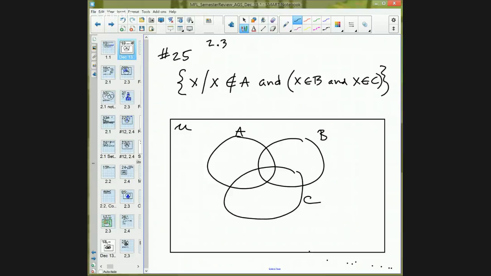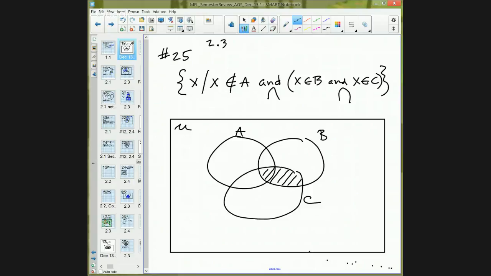So step one: what's the first, the innermost parentheses? That's an and. So what does that mean? That's an intersection. So where do B and C intersect? Does that make sense?